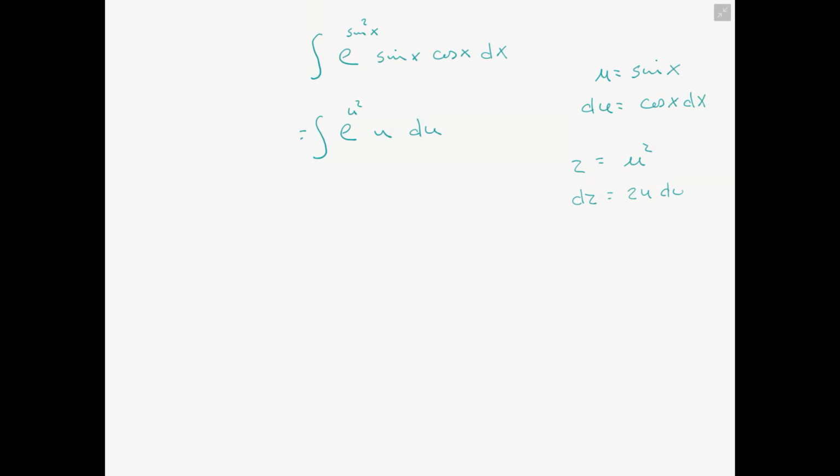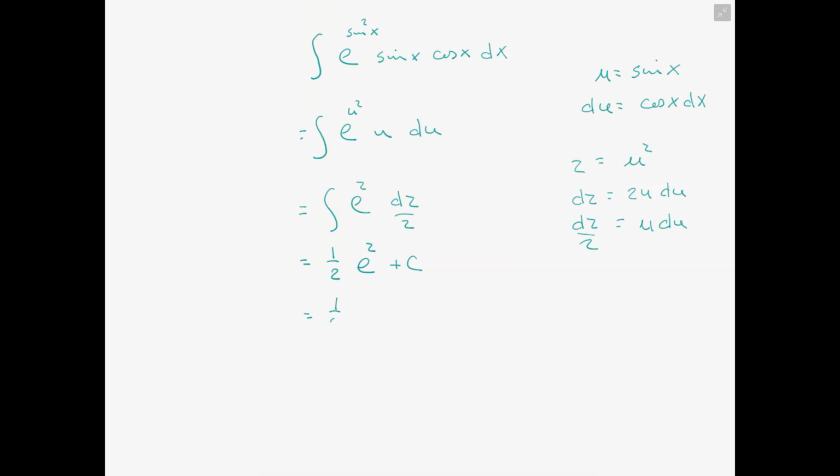And then we make another substitution. We go z equals u squared and dz equals 2u du. And so we have now a new form, e to the z, u du. So u du equals dz on 2.